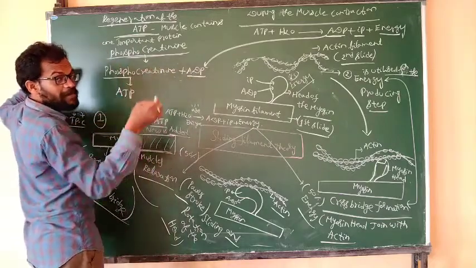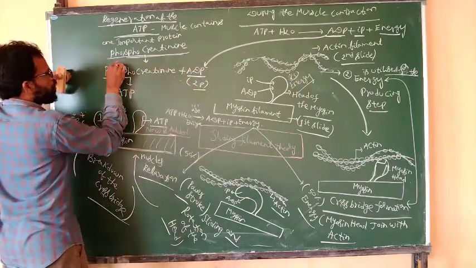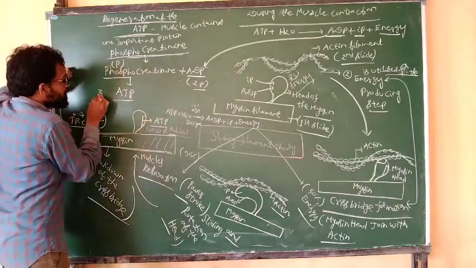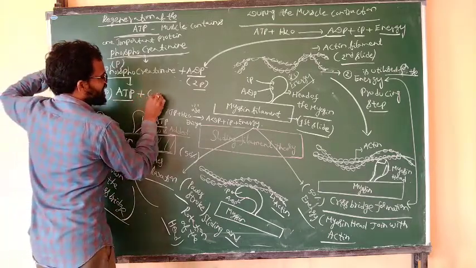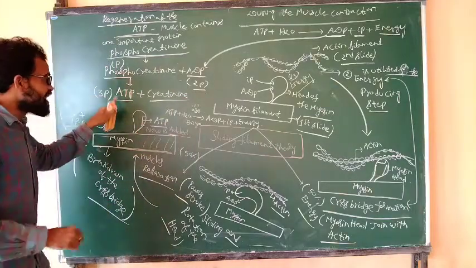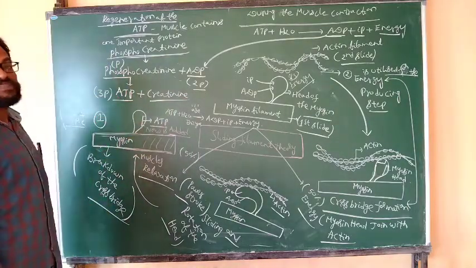Adenosine diphosphate means two phosphates, and with one more phosphate it becomes adenosine triphosphate, three phosphates, plus creatine. This is the regeneration of the ATP.